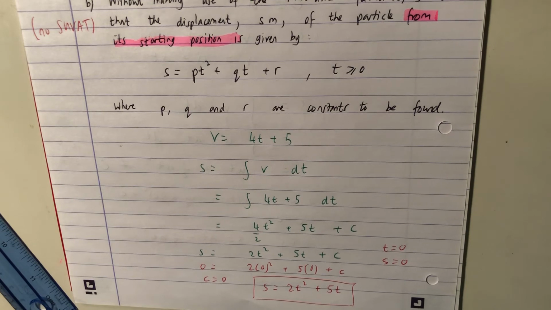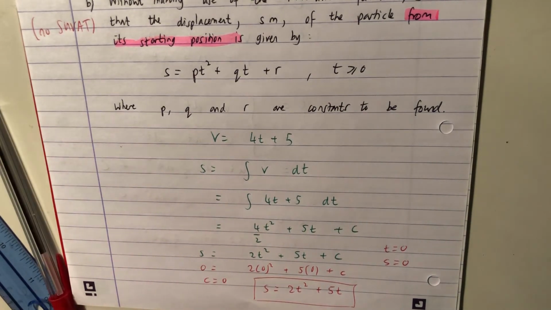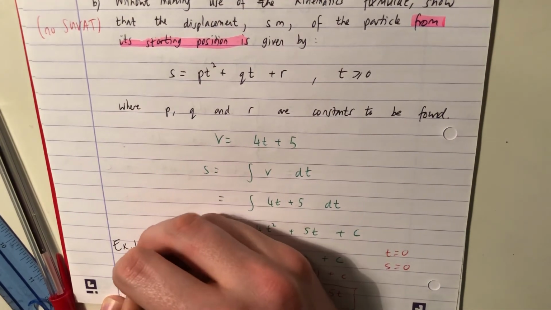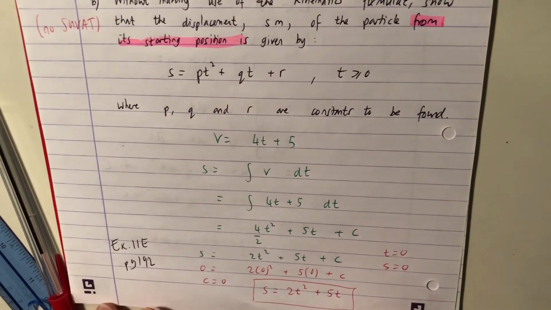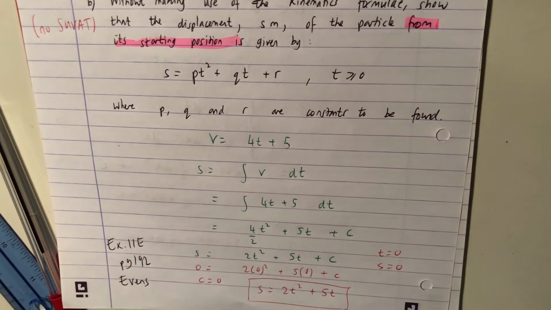So I would like you to try exercise 11E, which is on page 192, but try the even questions only. Evens only. Really important that your method is correct for this one. So make sure you upload pictures of your workings to the class notebook, so I can just check to see if you're doing it right and you're not being lazy and just using SUVAT.